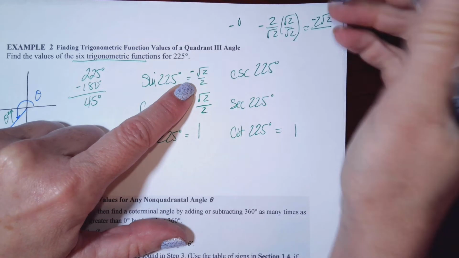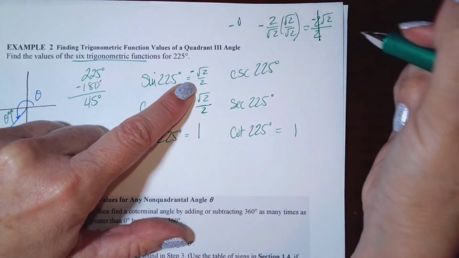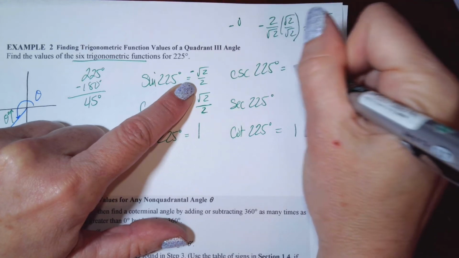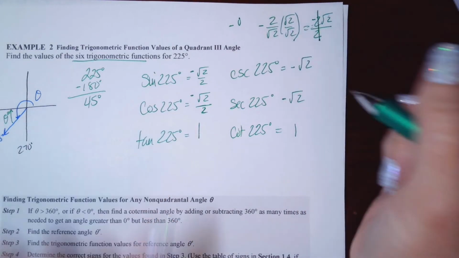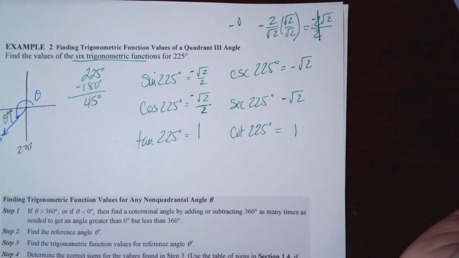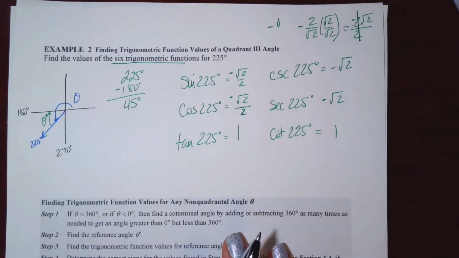Square root 2 over square root 2 is just 1. Anything over itself is just 1. So I have negative square root 2 for both cosecant and secant. So we find our reference angle, and then we can use what we know about that special angle, if it's a special angle, to find exact values of our trig functions.